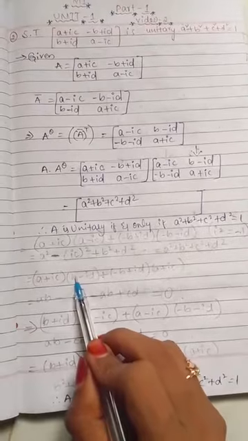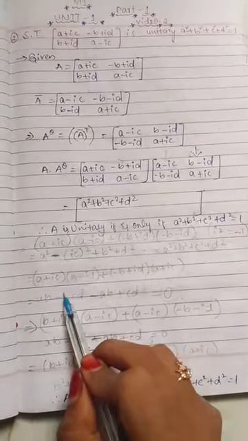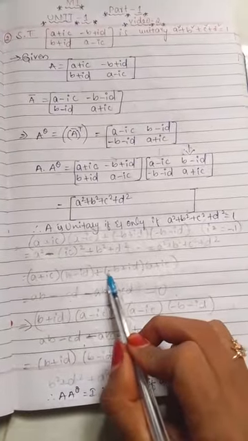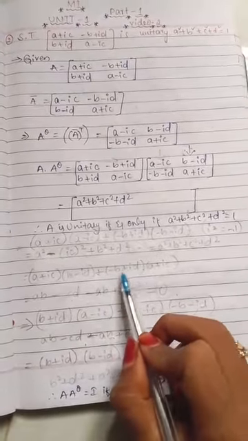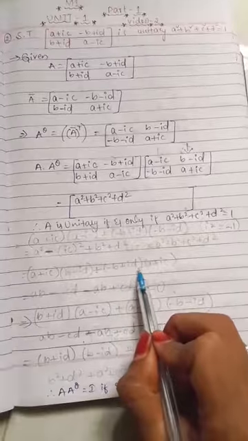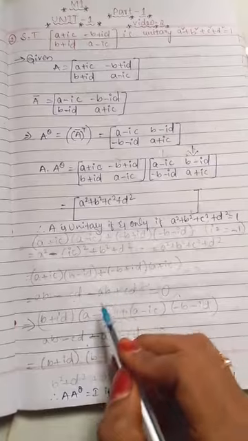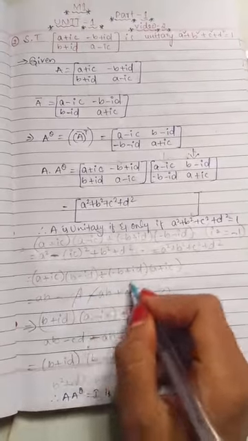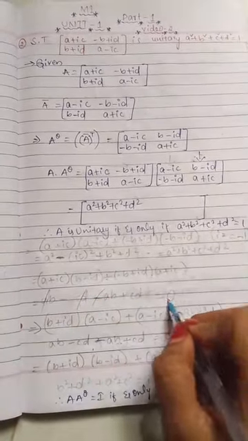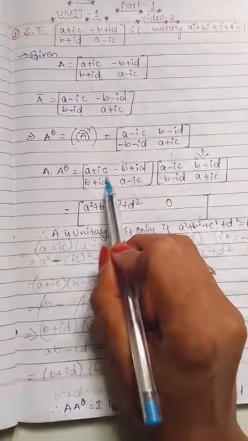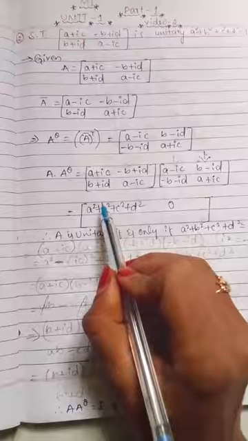Here I'll get AB minus CD, again plus into minus AB, CD. Here AB and CD will get cancelled. I'll get 0. Here I'll get 0. Again the first row is completed.